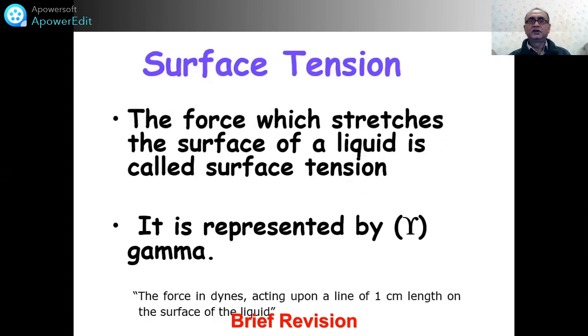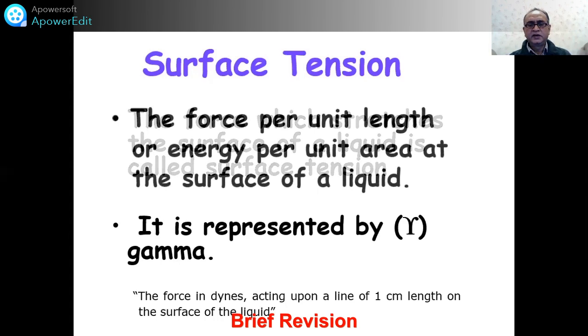So what is the proper definition? How much force is there at the surface of a liquid per unit length, or energy per unit area at the surface of a liquid.